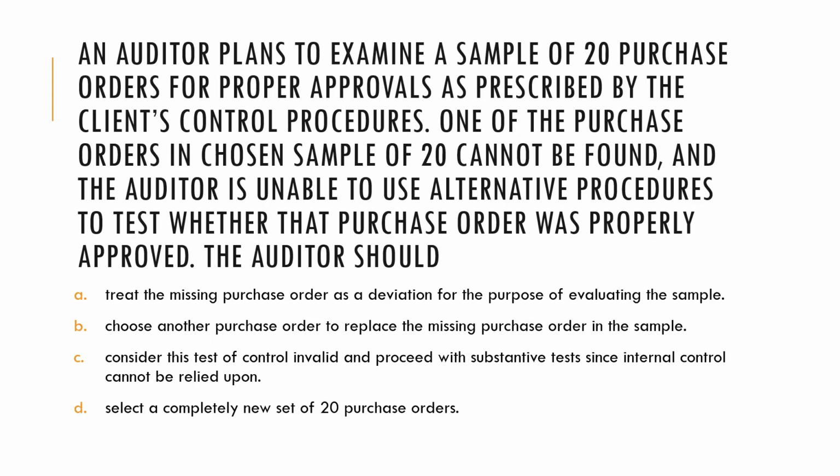Moving forward to the next question, an auditor plans to examine a sample of 20 purchase orders for proper approvals as prescribed by the client's control procedures. One of the purchase orders in a chosen sample of 20 cannot be found, and the auditor is unable to use alternative procedures to test whether that purchase order was properly approved.